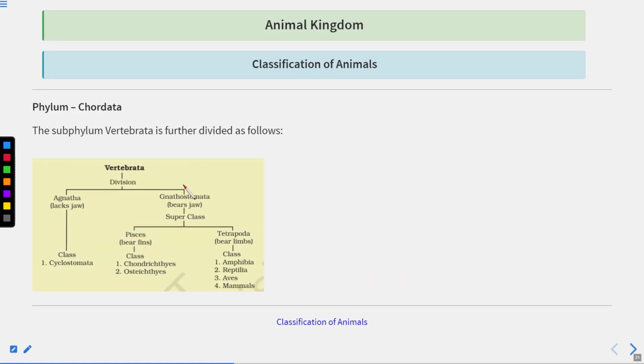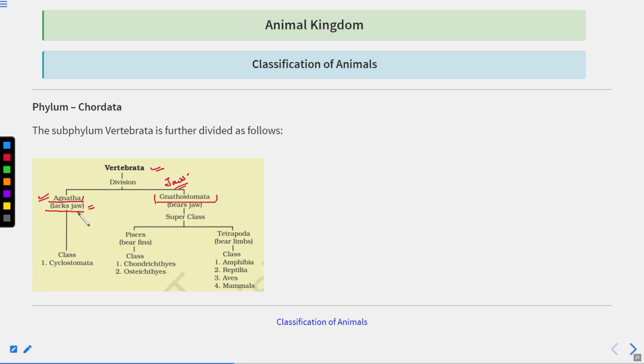Here we can see the division of the vertebrata. The vertebrata can be divided into Agnatha and Gnathostomata. This division is done on the basis of jaws, the presence or absence of jaws. Agnatha do not bear any jaws.